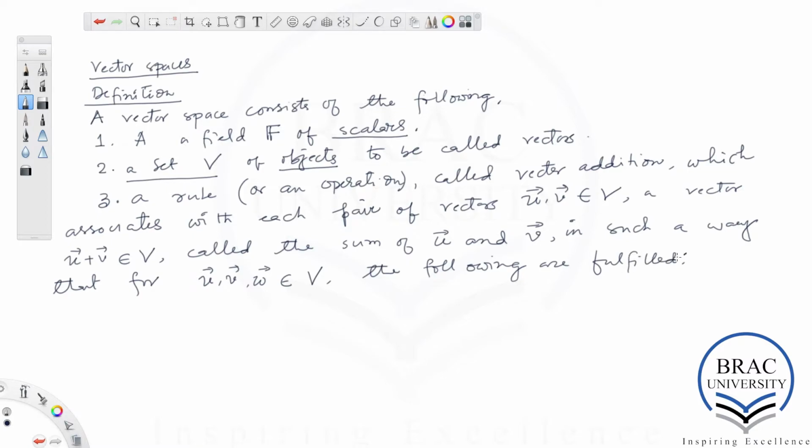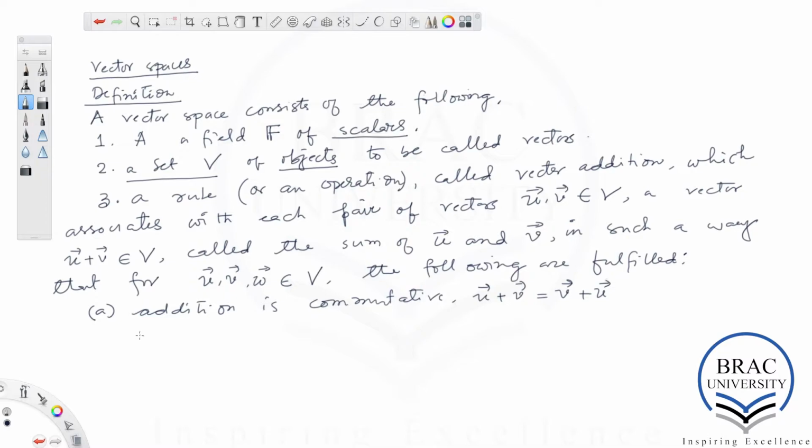The first property to be fulfilled for this operation of vector addition is that addition is commutative, meaning that u plus v is always equal to v plus u.